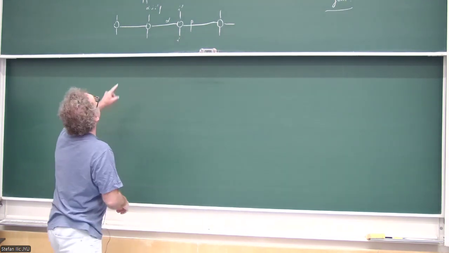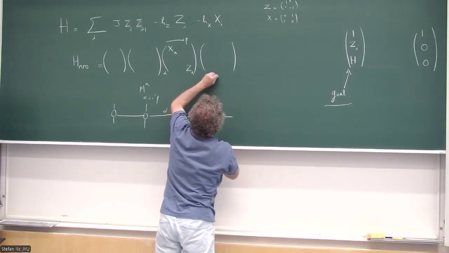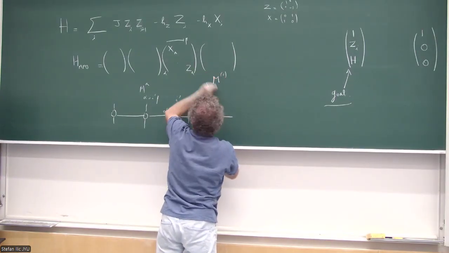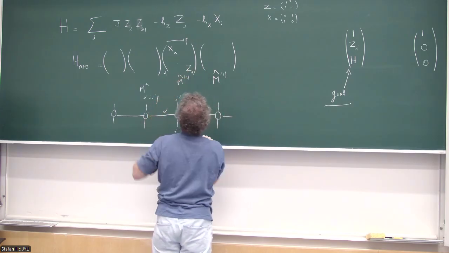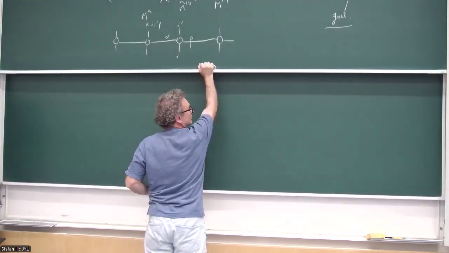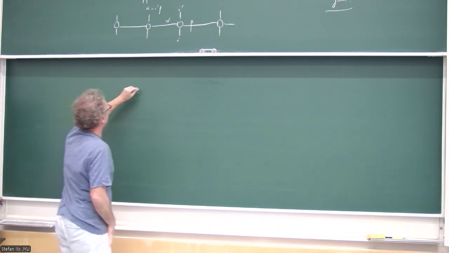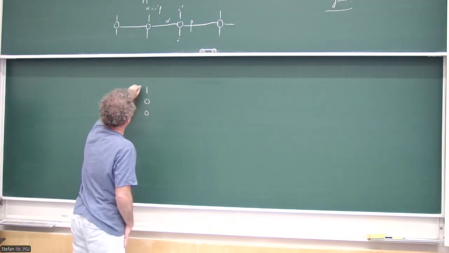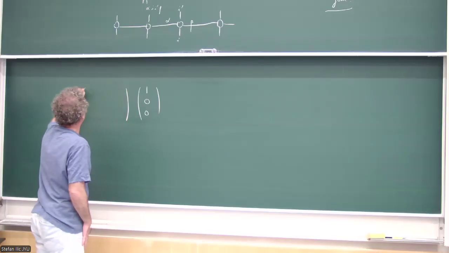Okay. And I didn't give a name to these guys. Let this one be M1, the hat, M2. So I start from 1. And I want to have M1.